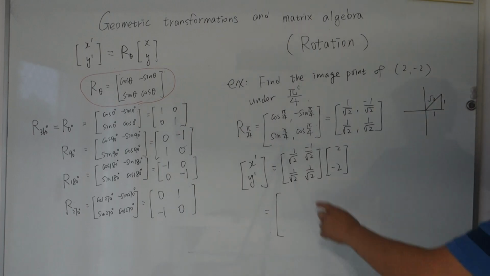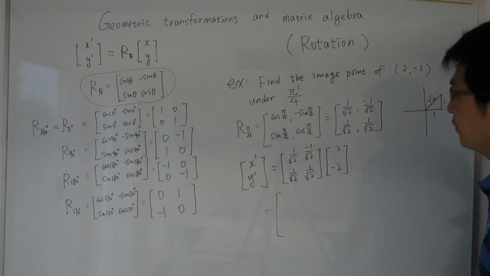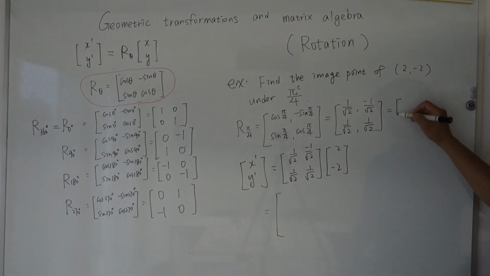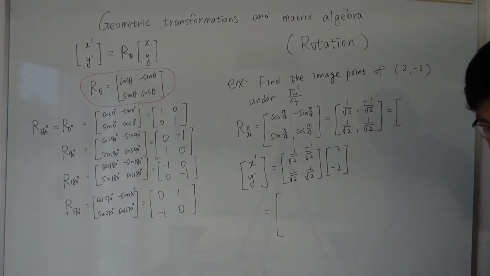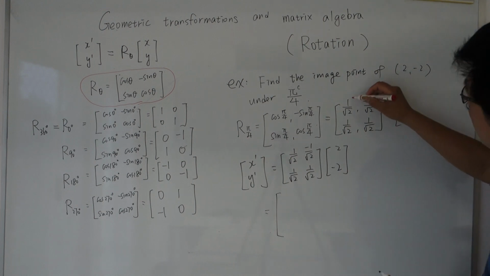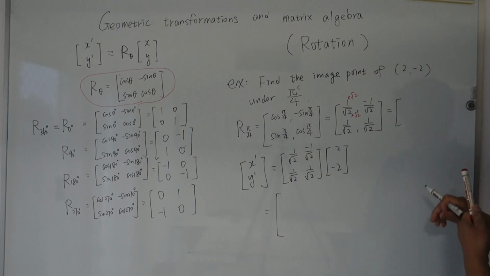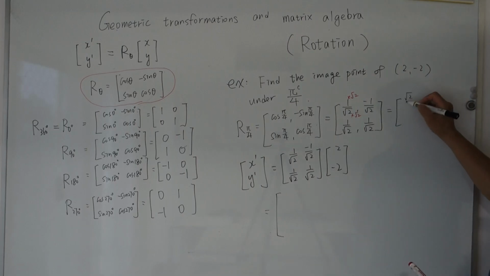So we get an answer. I change 1 over square root 2 to become square root 2 over 2, it is faster. Okay. Rationalize again, times square root 2, right? I change the number to become square root 2 over 2, alright?